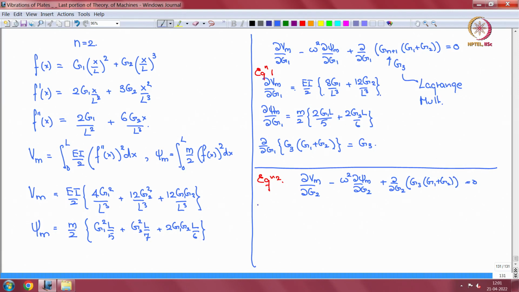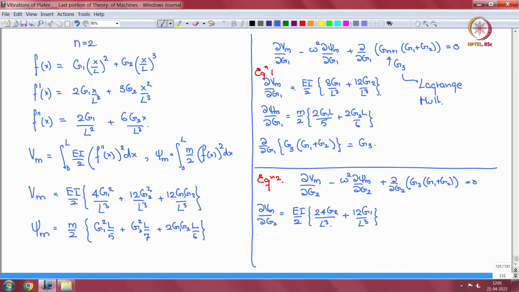Okay, so now del Vm by del G2 is equal to EI by 2 into 24 G2 by L cube plus 12 G1 by L cube.